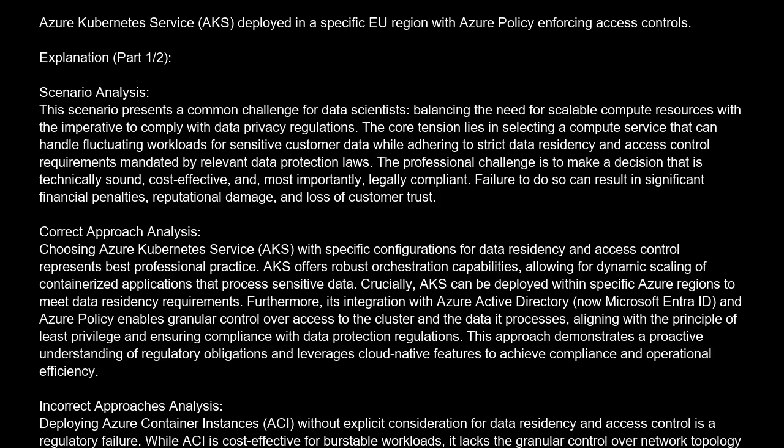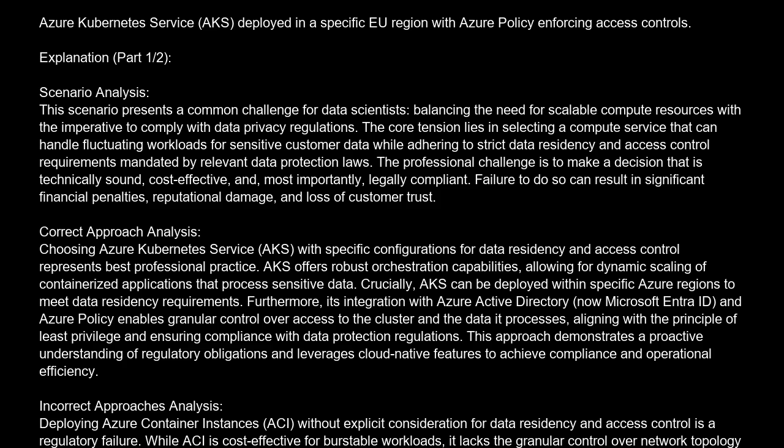Correct approach analysis. Choosing Azure Kubernetes Service (AKS) with specific configurations for data residency and access control represents best professional practice. AKS offers robust orchestration capabilities, allowing for dynamic scaling of containerized applications that process sensitive data. Crucially, AKS can be deployed within specific Azure regions to meet data residency requirements.